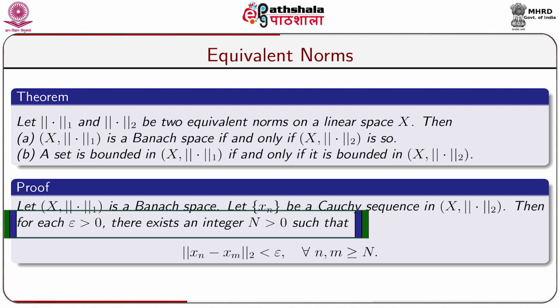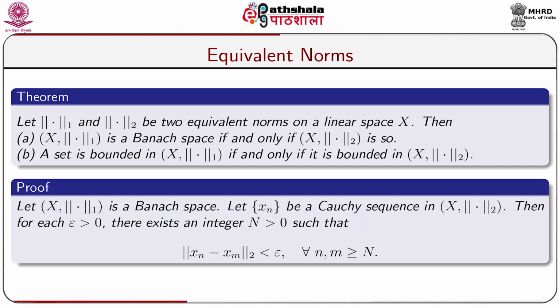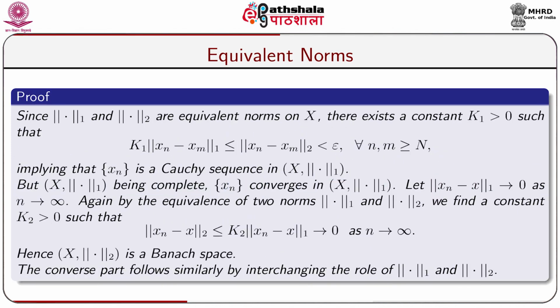Then for each epsilon greater than 0, there exists a positive integer capital N such that norm of xn minus xm under the norm 2 is strictly less than epsilon for all n, m greater or equal to capital N. Since norm 1 and norm 2 are equivalent norms on capital X, there exists a constant k1 greater than 0 such that k1 into norm of xn minus xm under norm 1 is less or equal to norm of xn minus xm under the norm 2, which is less than epsilon for all n, m greater or equal to capital N, implying that xn is a Cauchy sequence in X under norm 1.